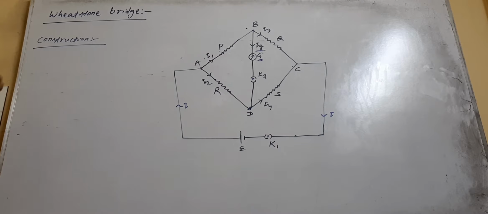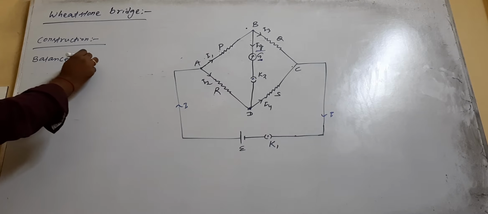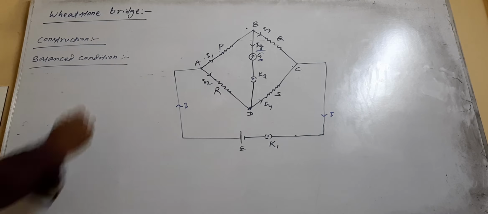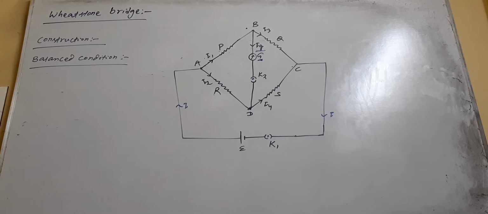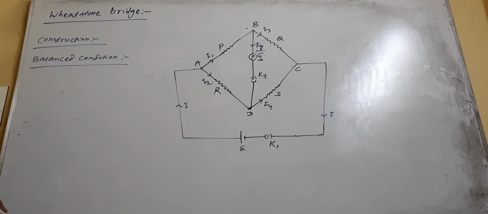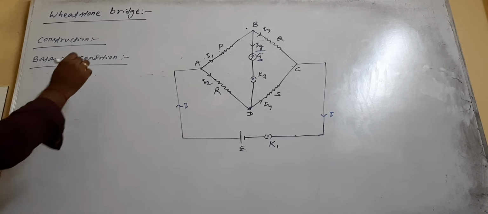So now come to balanced condition of Wheatstone Bridge. You remember, in the balanced condition, no current flows through the galvanometer, that is Ig is equal to 0.